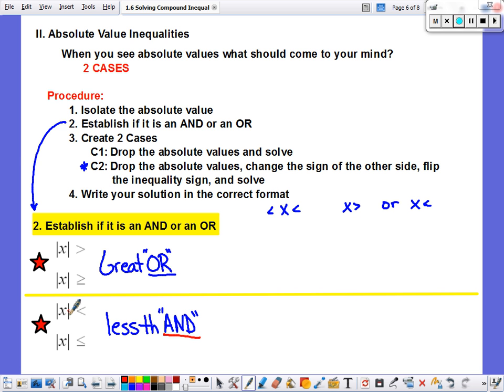So if you have the absolute value is less than, that's an and. You know typically it's a sandwich, but not always the case. What you will know, being that it's an and, is that we're looking for an intersection. It must satisfy both conditions. Over here, we're talking about a union. So that's the key, making sure we distinguish between the two. And that's a great way of doing that.